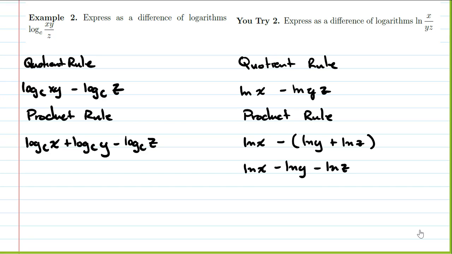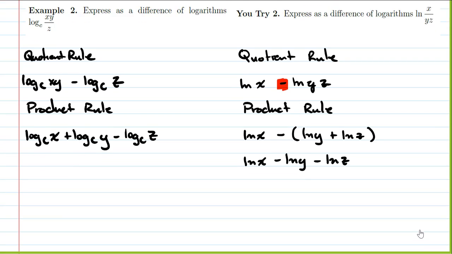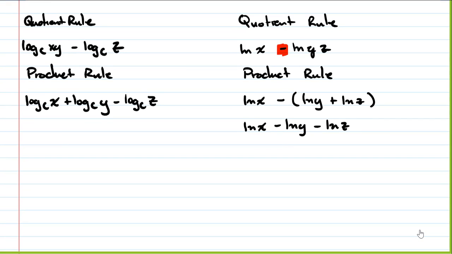So forgetting that that negative here belonged to both the y and the z, it can be easy to forget that. So we can always use that idea as a parity check. Variables in the numerator are going to have positive logarithms. Variables in the denominator will have negative logarithms when we expand.